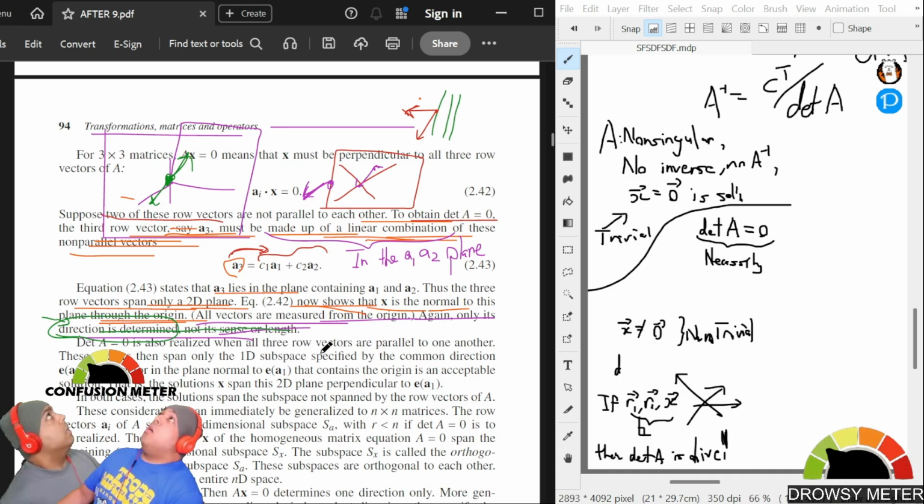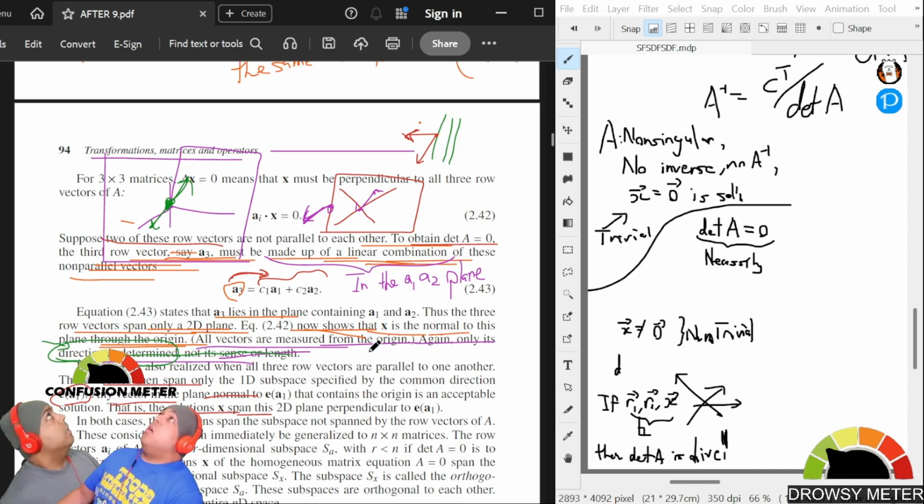These vectors span only a 1D subspace, specified by the common direction, A1. Any vector in the plane normal to A1 that contains the origin is an acceptable solution. That is, the solution X spans this 2D plane perpendicular to A1.